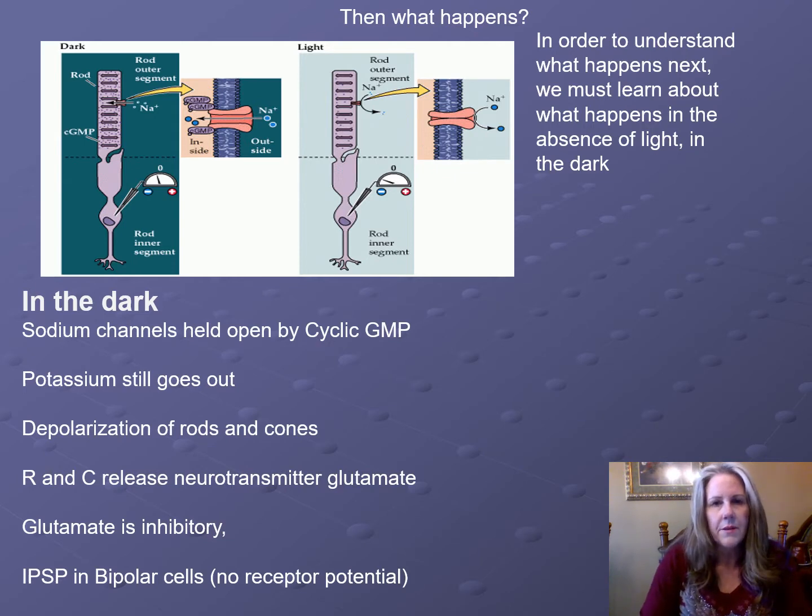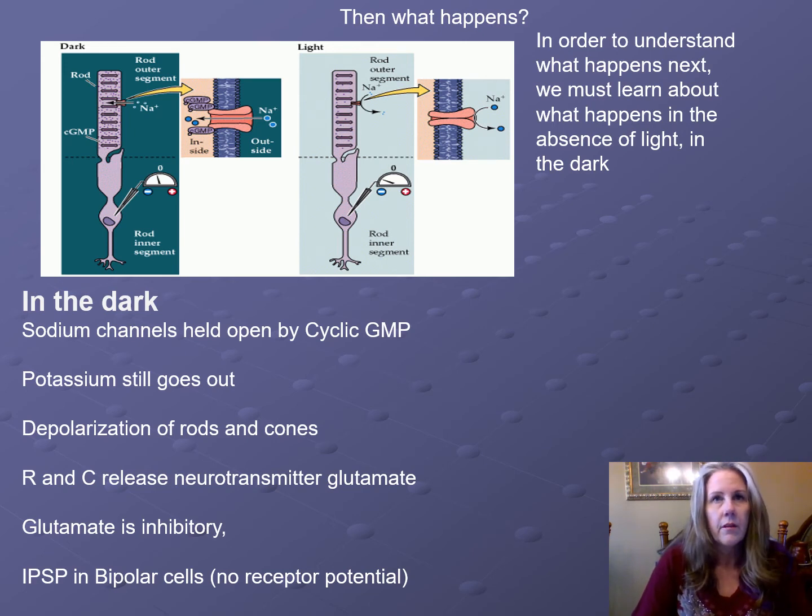All right, so I've been teaching this a while, and what I've found is that there's a better way to teach this material, and hopefully to get you to understand what happens next. So we're talking about light absorption in the photoreceptor, and you just learned about the pigments and what role they play in that light absorption.